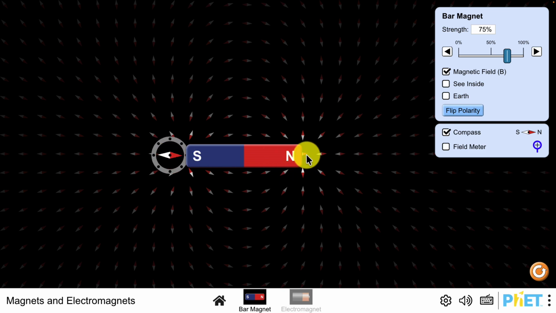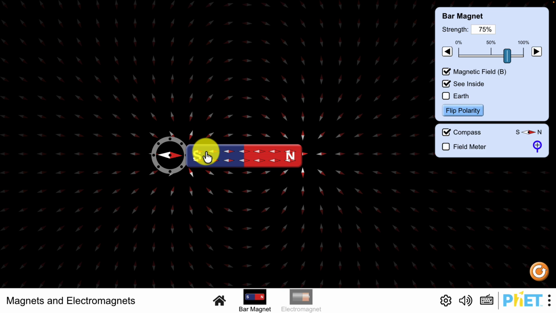So you can imagine the magnetic field starts from the north and then turns itself to the south. But there's a very important point: when the magnetic field comes to the south pole, it does not stop here. The magnetic field continues from the south to the north inside the bar magnet.